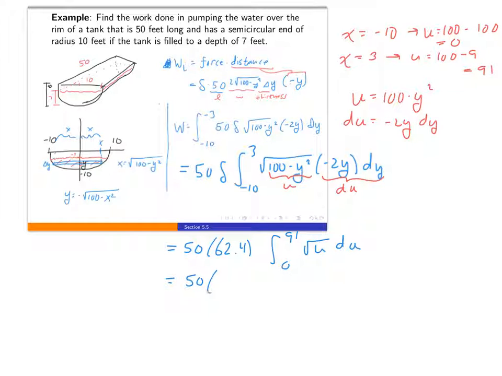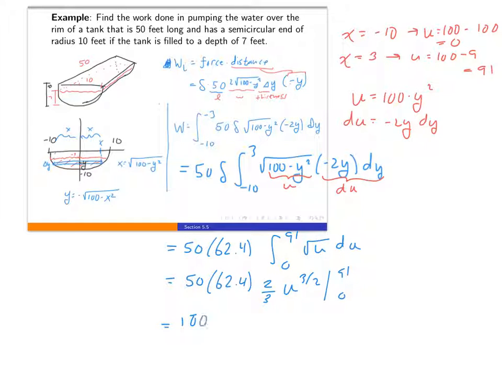So we have the constant hanging around out front. Square root u is u to the 1/2. 1/2 plus 1 is 3/2. So we have 1 over 3/2, which is 2/3, u to the 3/2 from 0 to 91. So we plug in 91, put a minus sign, plug in 0.